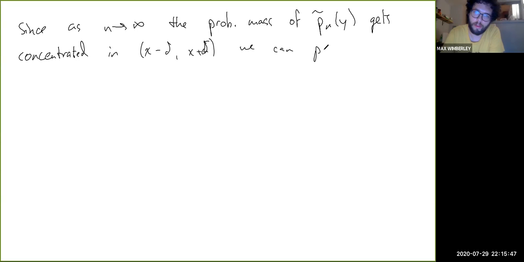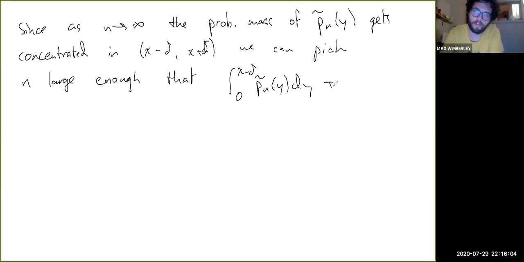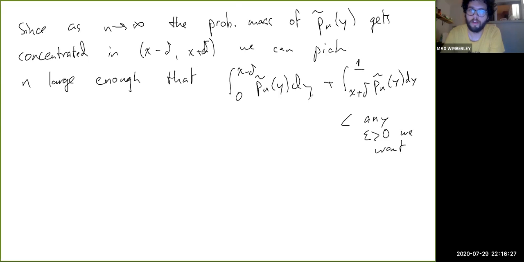We can pick n large enough that the sum of the integral from 0 to x minus delta of pn tilde of y dy plus the integral from x plus delta to 1 of pn tilde of y dy is less than any epsilon greater than 0 we want.